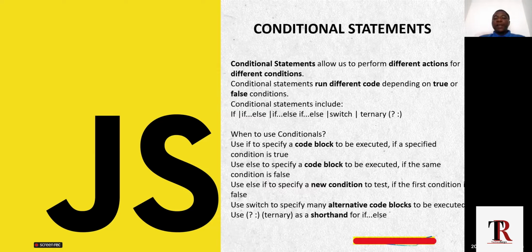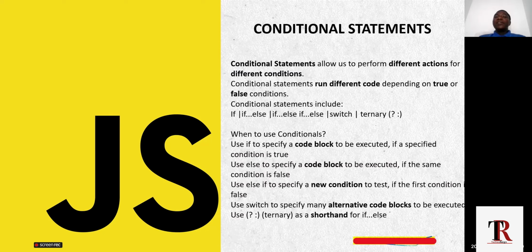Use else to specify a code block to be executed if the same condition is false. Use else if to specify a new condition to test if the first condition is false. So let's say you have multiple, like three, conditional statements. If the first one is false, you use else if to add another condition which needs to be tested.